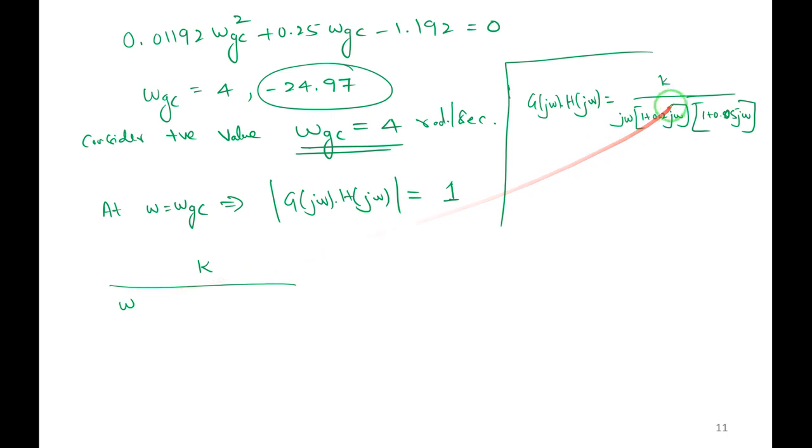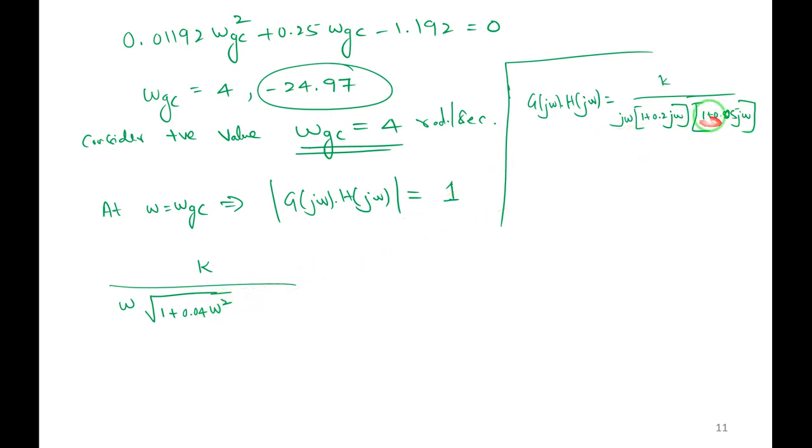Next, the magnitude of 1 plus 0.2 j omega is the root of 1 square plus (0.2 omega) square. 0.2 square is 0.04, so 1 plus 0.04 omega square.